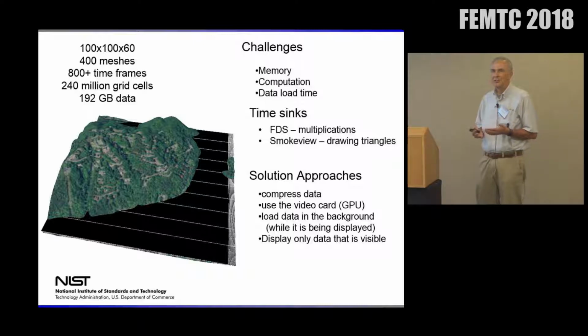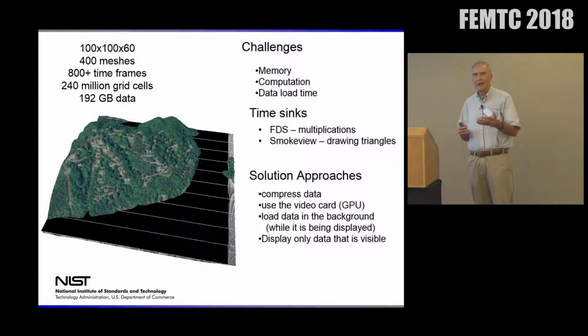So some strategies for speeding things up would be to compress the data and make use of the GPU. Sometimes you can load the data in the background while you're displaying it.